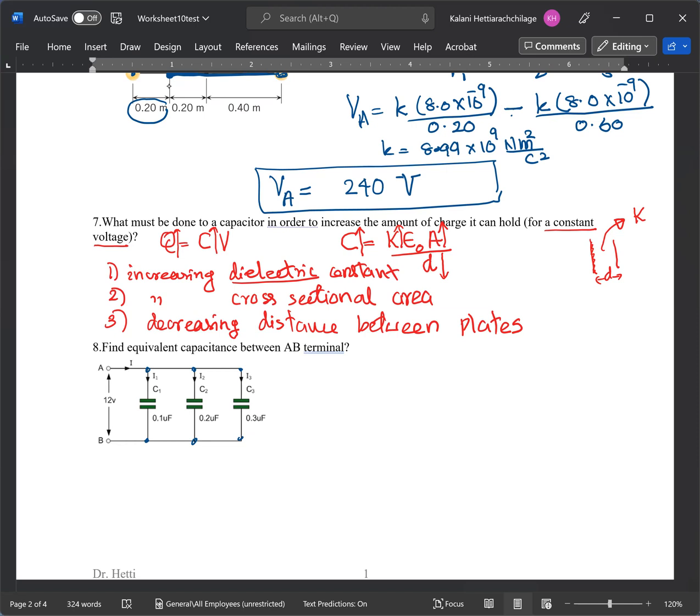Other devices also can be in parallel connection. You are learning two connections, one is series and one is parallel. Your question number 9 is series connection, and question number 8 is parallel connection. You just need to identify that they are parallel.